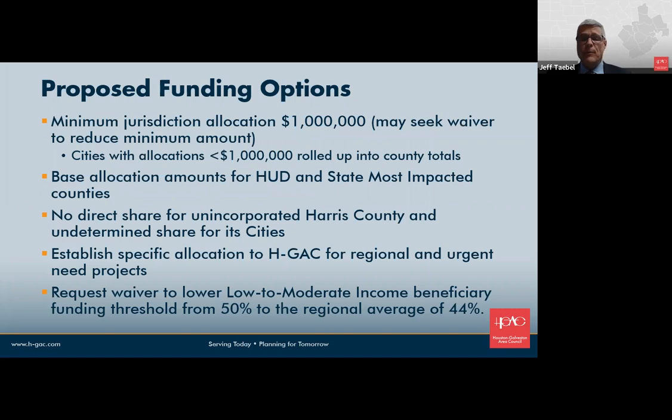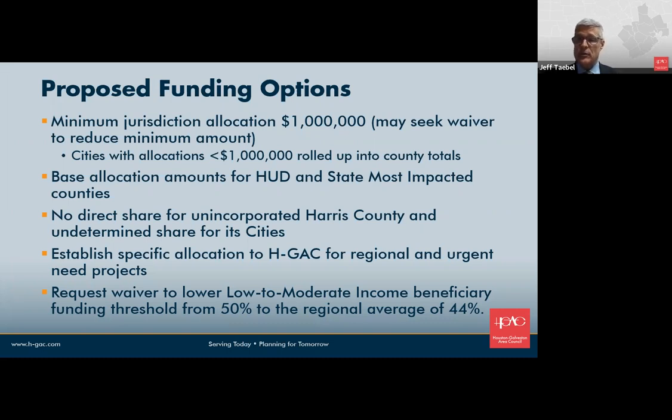So as far as the proposed funding options, I want to go over these in some detail. First of all, the General Land Office has set a minimum allocation for jurisdictions of $1 million. What this would mean is that any cities that have less than $1 million through our formula, that amount would roll up to the county where that city is.